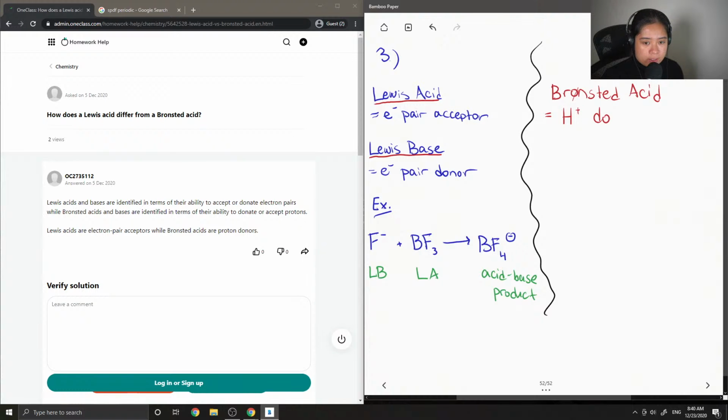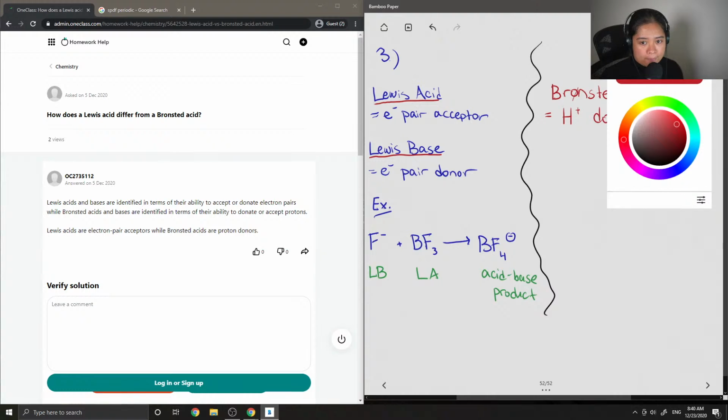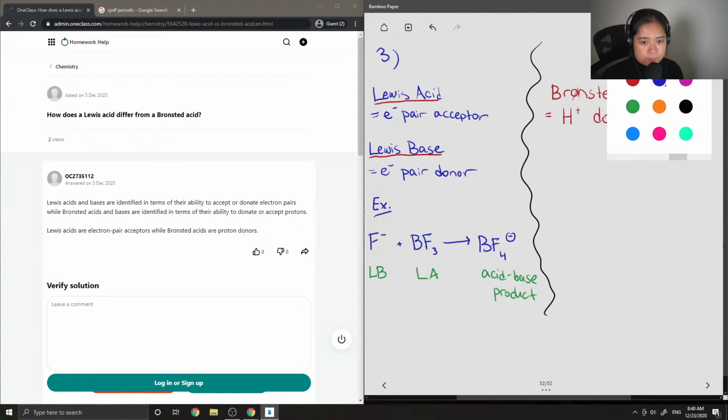So protons are just positively charged hydrogens. And similarly, a Bronsted base is a proton acceptor.